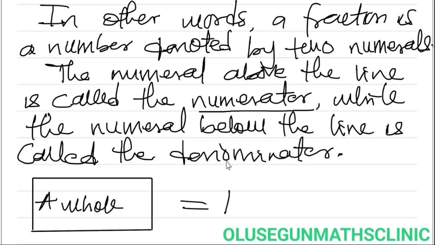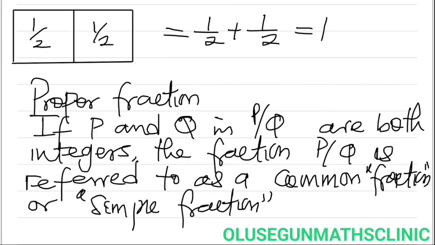A whole, this triangle, represents a whole body, which is 1. But when this body is divided into 2, you see that we have different parts. Half, and half plus half will surely give us 1.